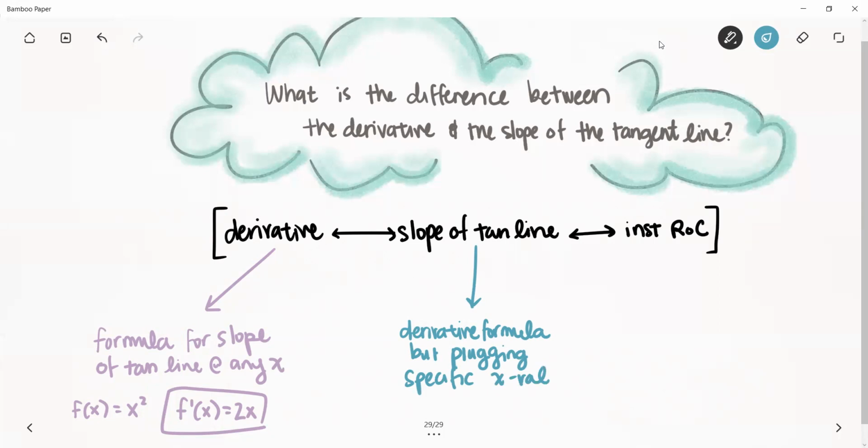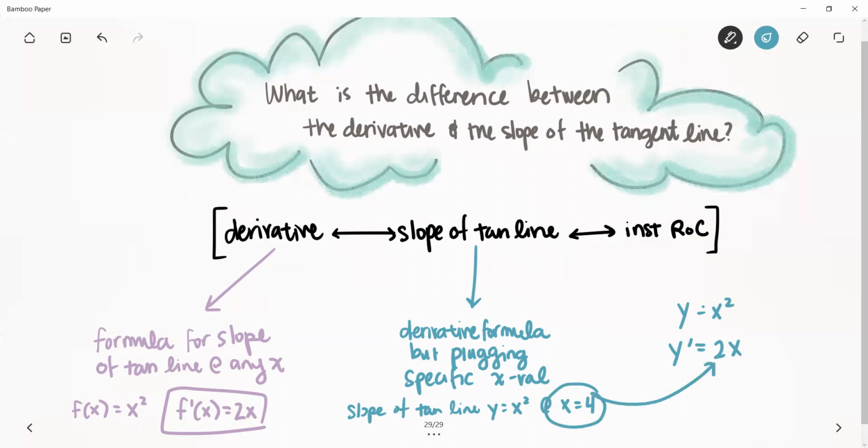So for example, you might be asked to find the slope of the tangent line to y equals x squared at x equals 4. And that's when you're going to say, okay, well, if y equals x squared, y prime, find your derivative, but then you're going to plug in the x value to get a value that looks like a slope, because 2x does not represent a specific slope.